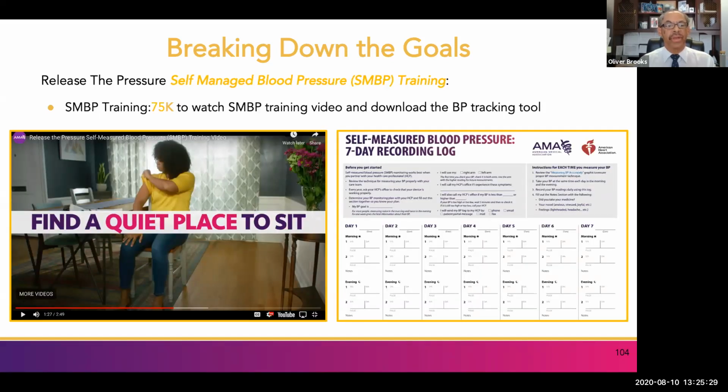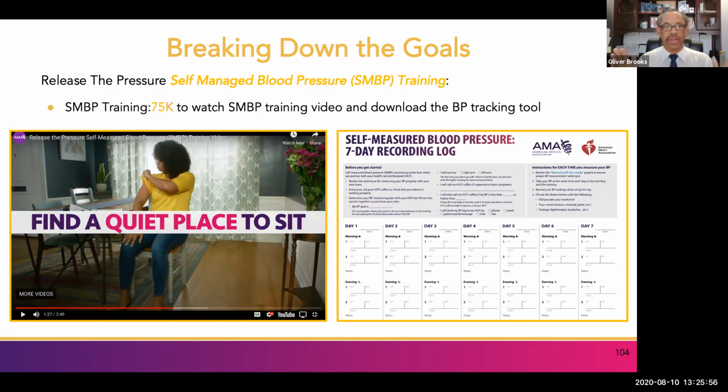So breaking down the goals. How do you do self-measured or self-managed blood pressure? You go to essence.com/releasethepressure. It's a landing page, if you will. There's a video that shows you how to take your blood pressure, and it's very deliberate.